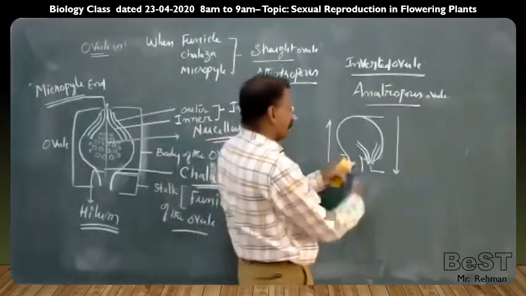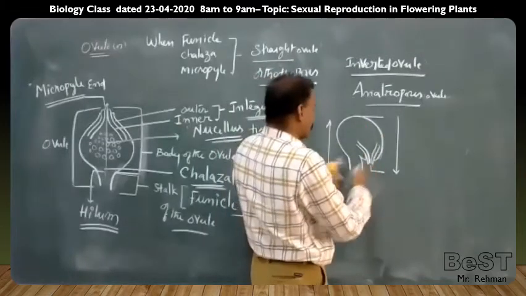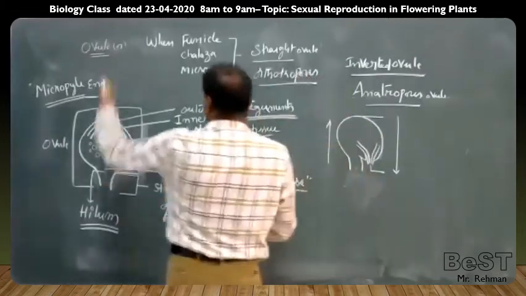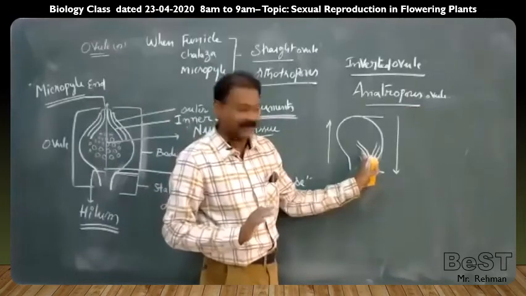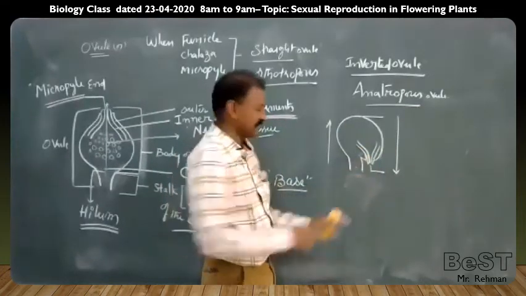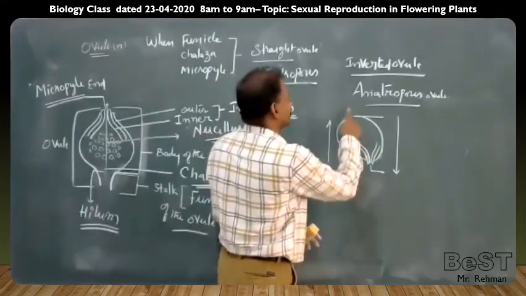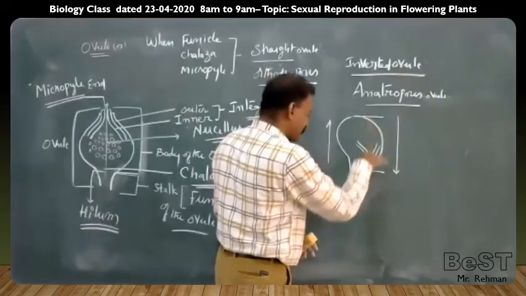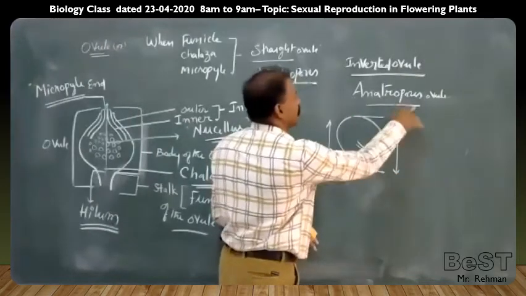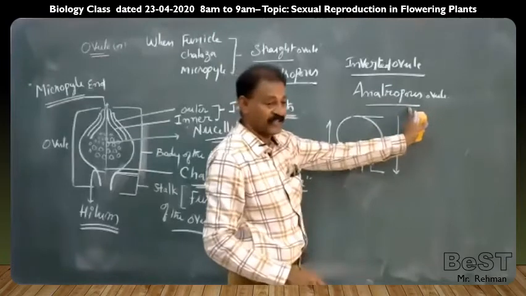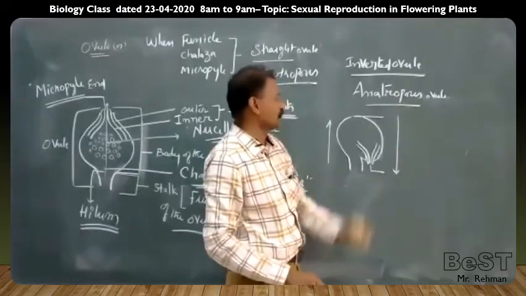It means funicle, chalaza and micropyle are not in a straight line like this. They are in different radius. Funicle on one radius and chalaza and micropyle on another radius. So it is called anatropous. Most of the angiospermic families, plants, have an anatropous ovule.